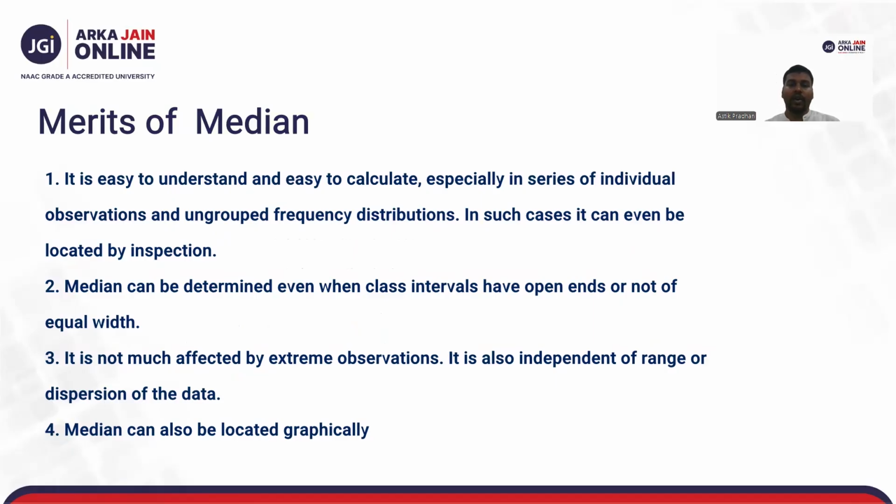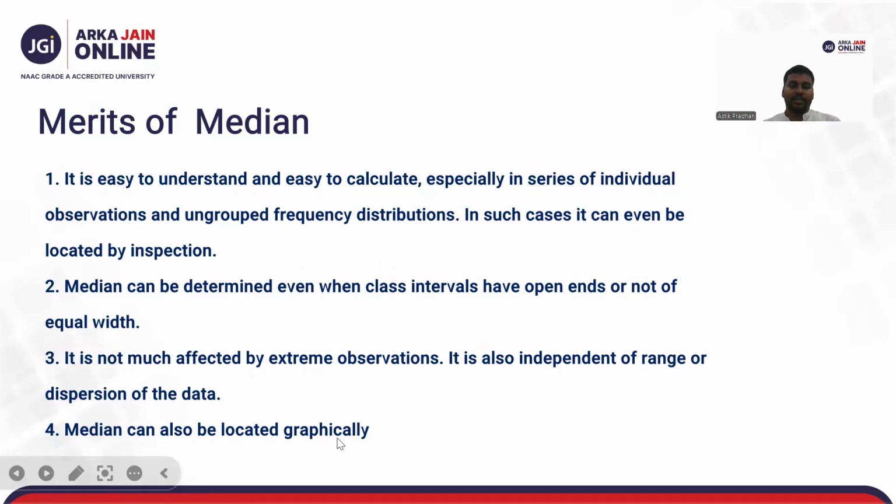We can easily locate the median value. Second, median can be determined even when class intervals have open ends or are not of equal width. Even if the width is not equal, we can determine it when class intervals have open ends.